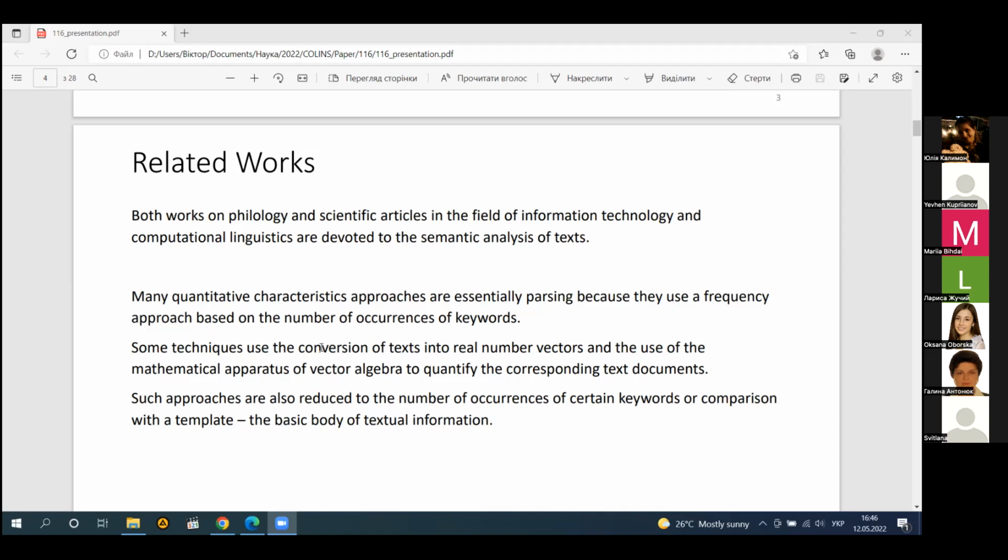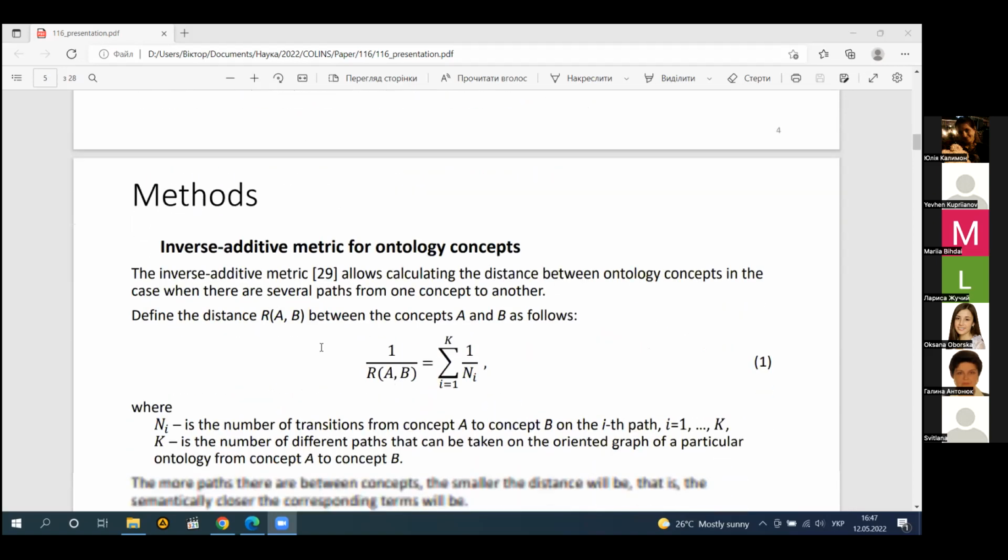Some techniques use the conversion of texts into real number vectors and use the mathematical apparatus of vector algebra to quantify the corresponding text documents. Such approaches are also reduced to the number of occurrences of certain keywords in comparison with a template, the basic body of textual information.